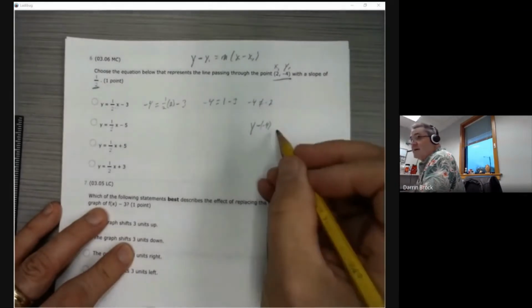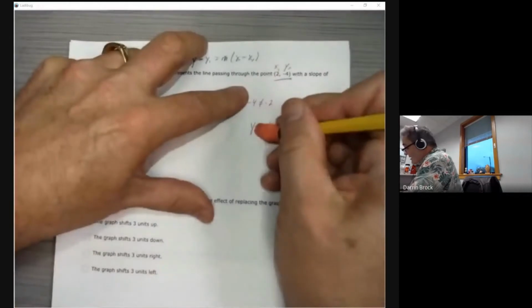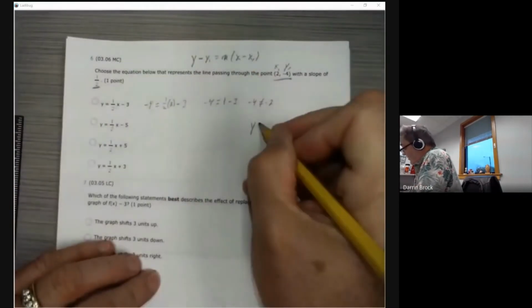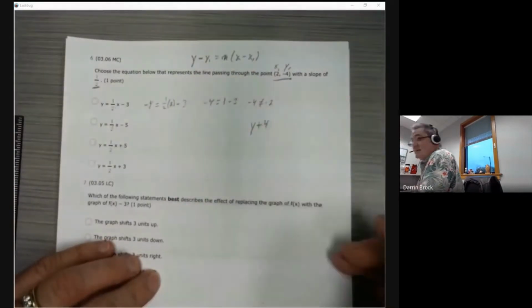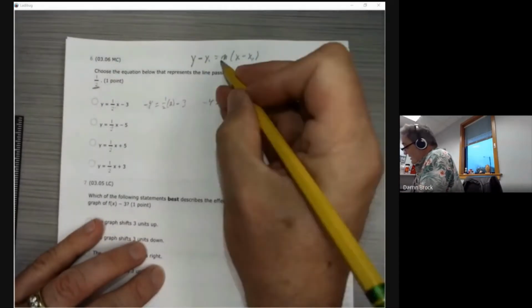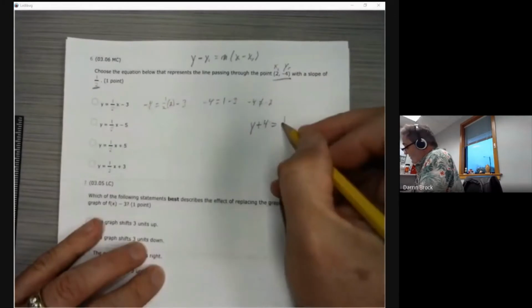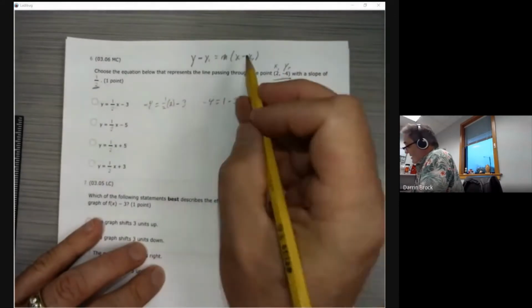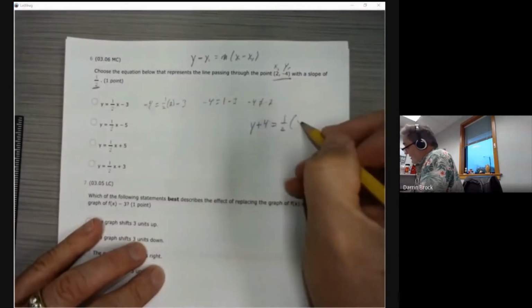So y minus -4, we can rewrite that as y plus 4, because when you subtract a negative, it becomes a positive, equals m, the slope, our slope is 1/2, times x minus the x value, x minus 2.